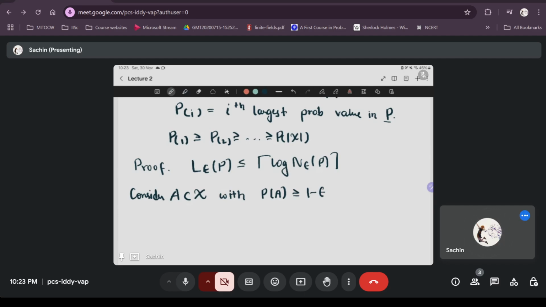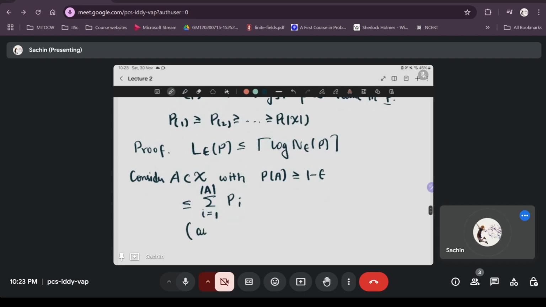Now the probability of A is the sum of probabilities of all the outcomes in that set, right? So I could write that as the sum of P_i, i is 1 to cardinality of A. So all the outcomes in A I'm adding, that will be P of A. That is greater than or equal to 1 minus epsilon.